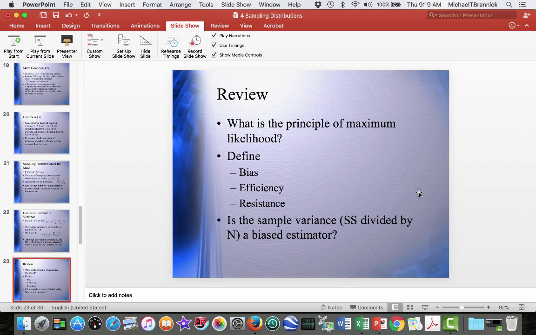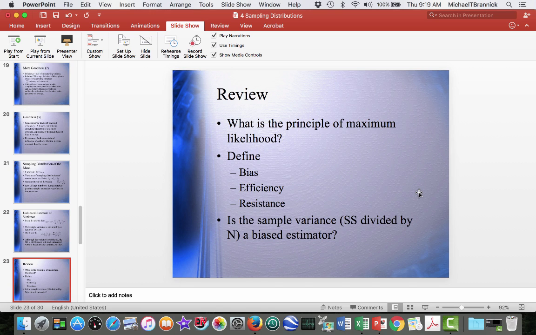Okay, so here we go. It's time to review again, and that review should be what's the principle of maximum likelihood, define bias, efficiency, and resistance, and is the sample variance, that is the sum of squares divided by n, a biased estimator. So the principle of maximum likelihood says choose as your parameter estimate that value which makes the sample data most likely.